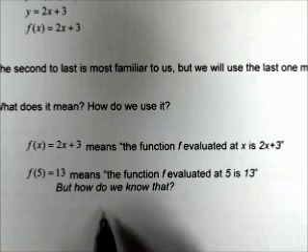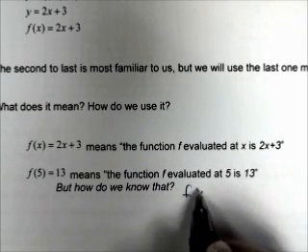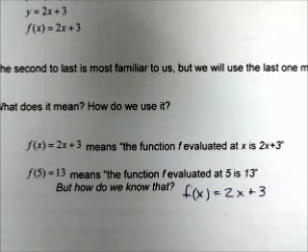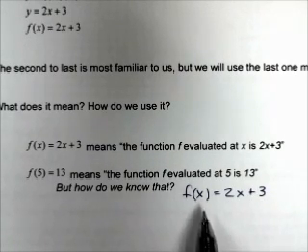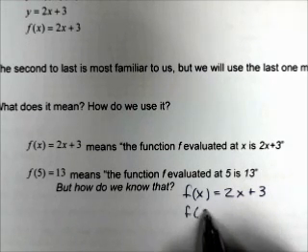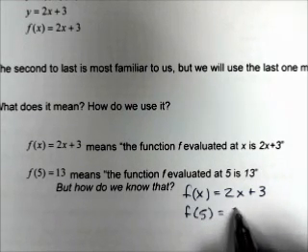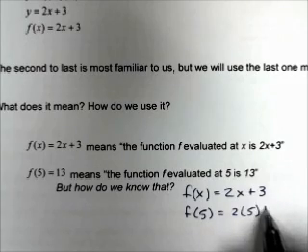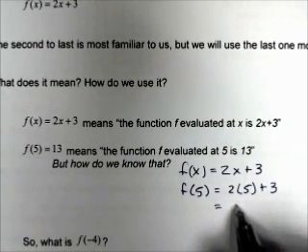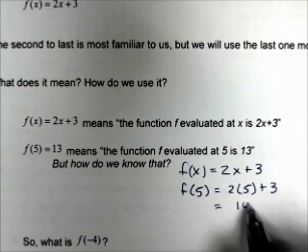We take our function f of x equals 2x plus 3, and we substitute 5 in for our x's. So f of 5 is equal to 2 times 5 plus 3. 2 times 5 is 10, plus 3 is 13.